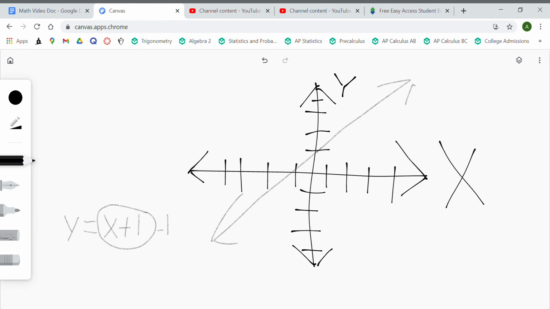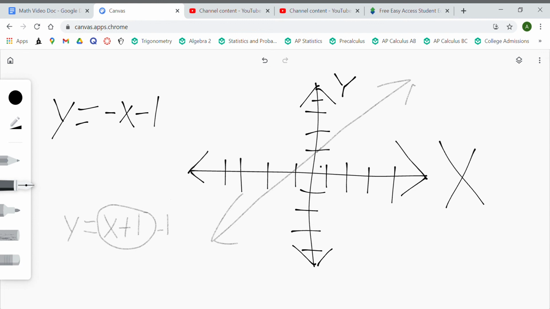So, if we multiply everything by negative 1, we should have y equals negative x minus 1. So, notice that in my original function, the y-intercept was 1 unit above the origin.